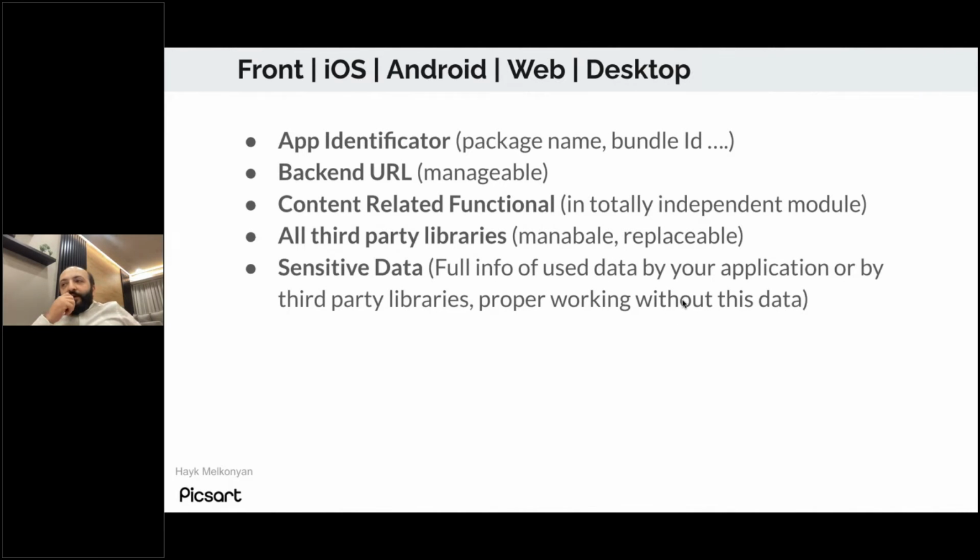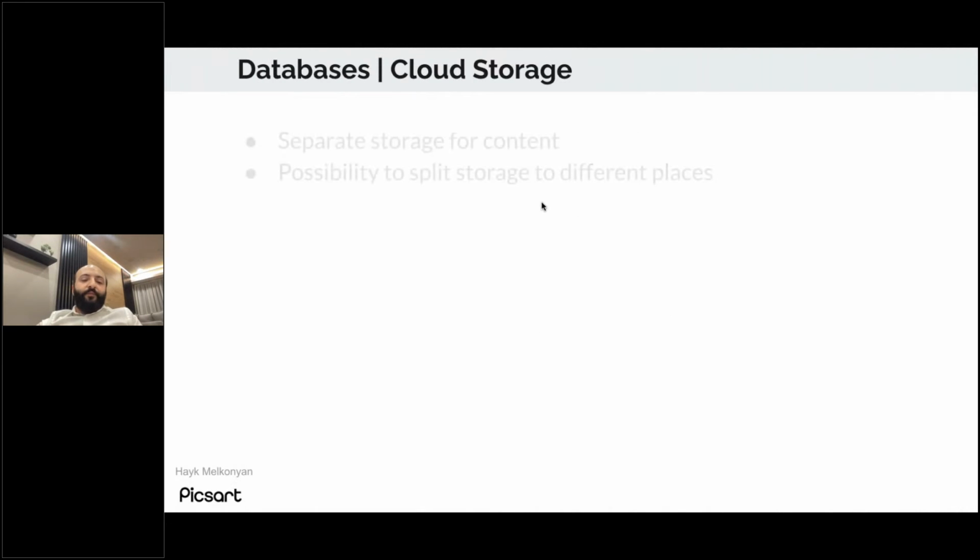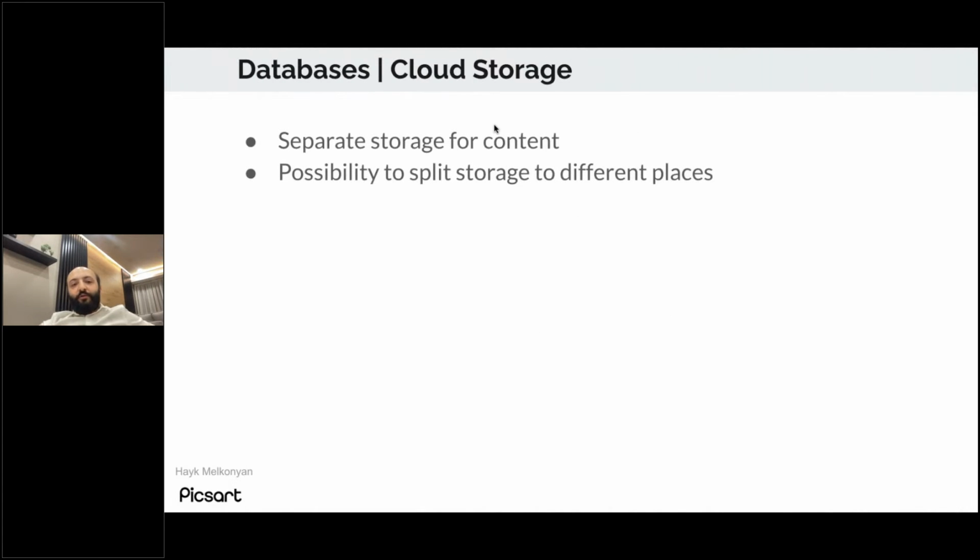Sensitive data: you need to run your application, as I mentioned, without using any sensitive data in an improper way. From the database or cloud side, you need to separate content from your storage to make sure you can have, for example, some regions' content separated and stored in that region.